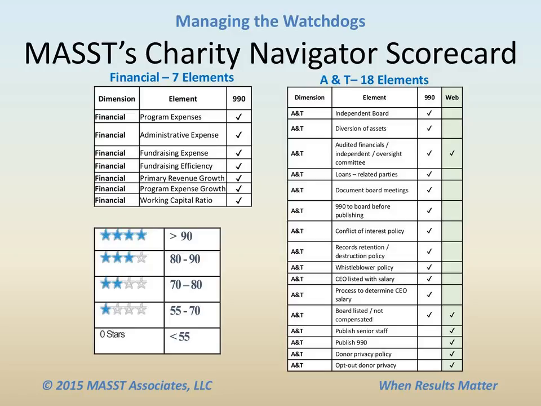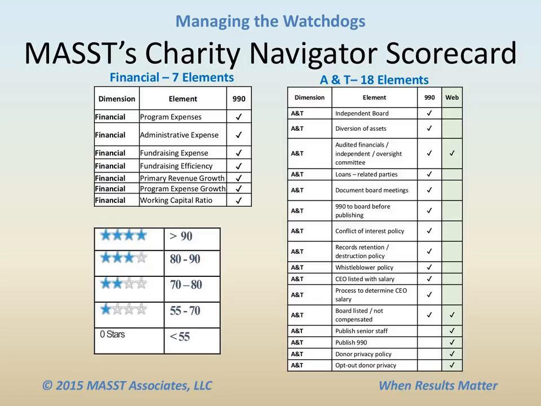So as you can see, the financial information that Charity Navigator utilizes for that portion of the rating all comes from the 990 form, and the A&T information comes from a combination of the IRS 990 as well as the website.